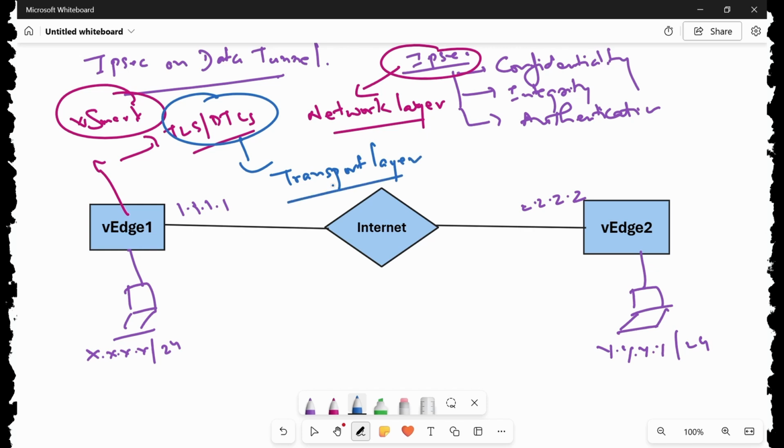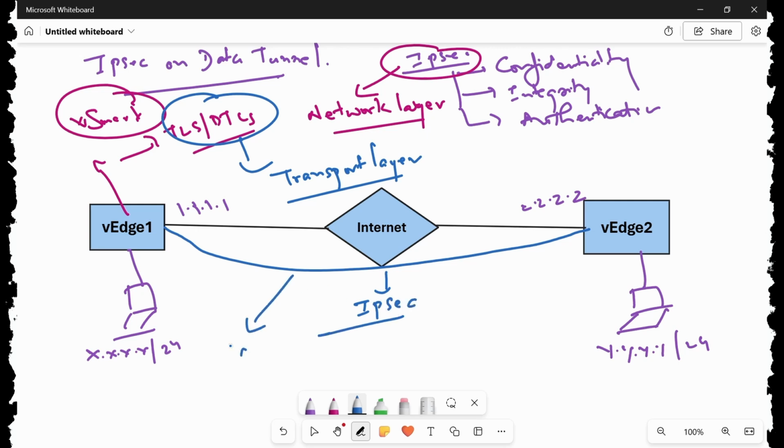The data tunnel formed between vEdges is going to be the IPsec tunnel, which is carrying the data traffic. So here it will form an IPsec tunnel, and this tunnel will carry the data traffic.